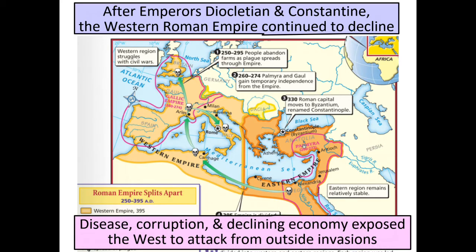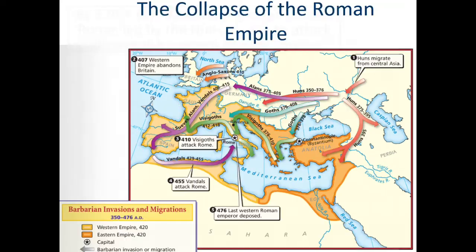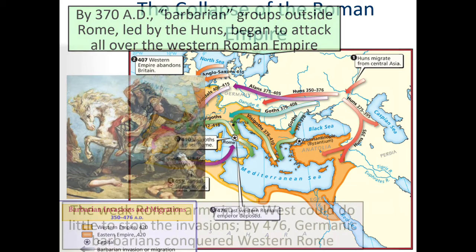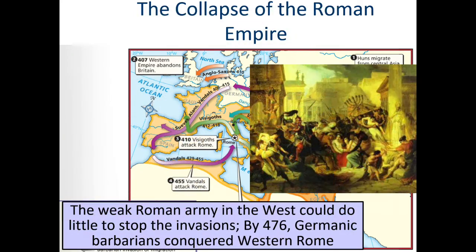Disease, corruption, and a declining economy exposed the West to outside invasions. By 370 AD, barbarian groups outside Rome, led by a group called the Huns, began to attack all over the Western Roman Empire. The weak Roman army in the West could do little to stop the invasions, and by 476, Germanic barbarians had conquered the western capital of Rome.